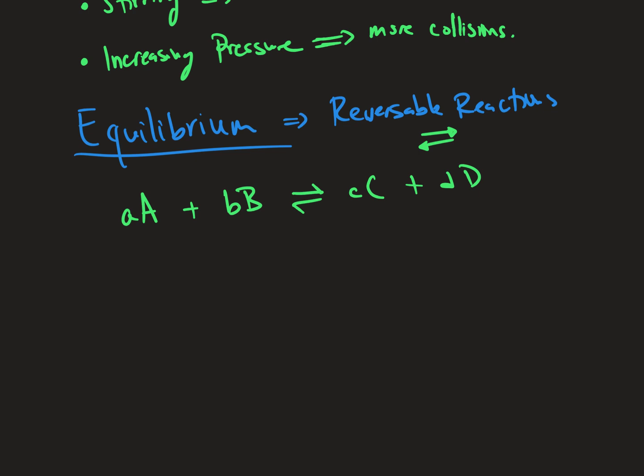So this is saying we can mix A and B together and we'll get C and D. And if we get too much C and D, they're going to collide together and make more of A and B, and then just keep going back and forth until what? They reach chemical equilibrium. Does that make sense?